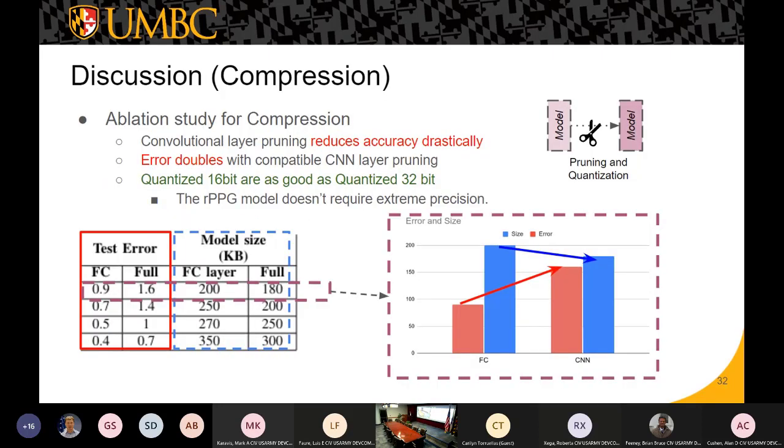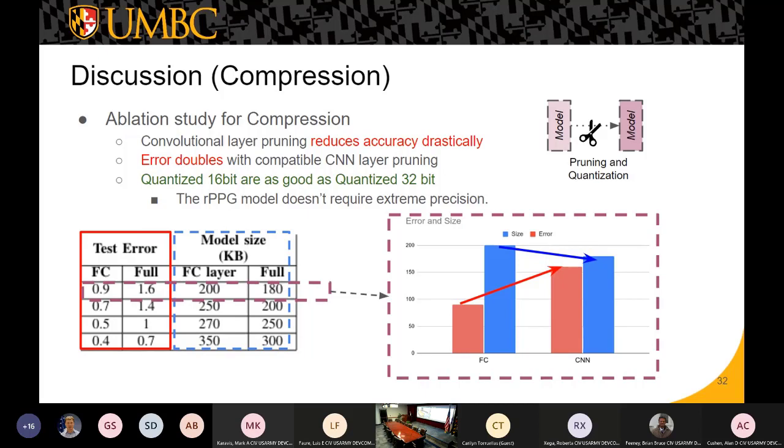We also asked: why only fully connected layers? Can we perform compression on CNN layers too? We demonstrated that after compressing the CNN layers, the model size is a bit lower, but the error graph goes high. So we found that we had better not touch the CNN layers.